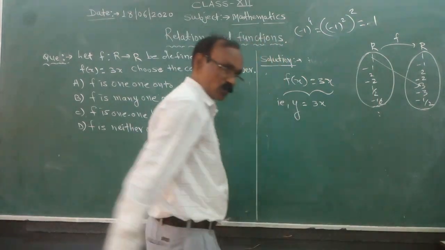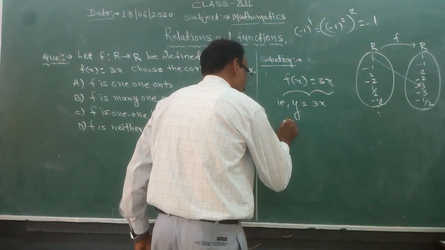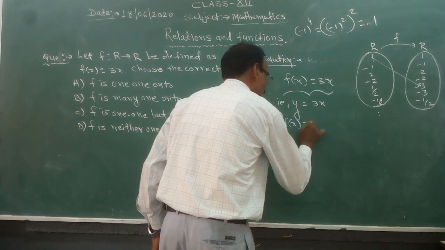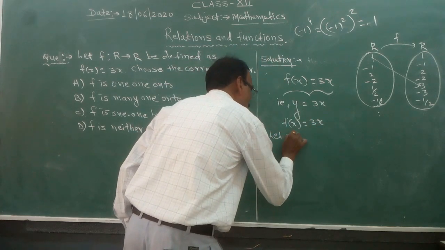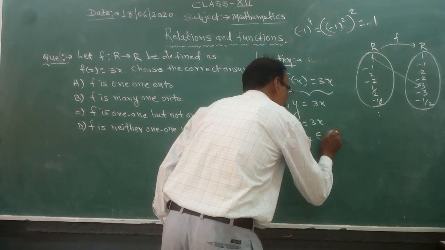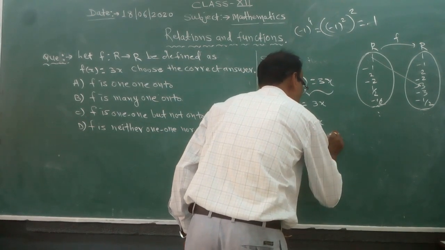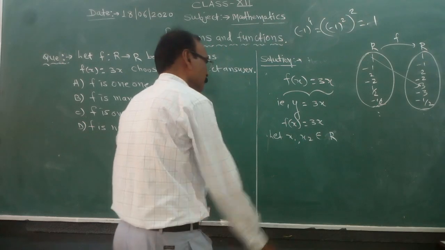Therefore it is one-one, or we may check f of x equal to 3x. Let x1, x2 belong to the first set, that is the real number set.